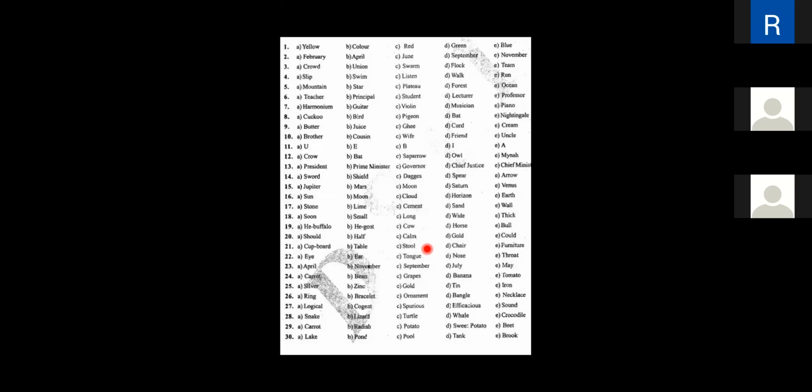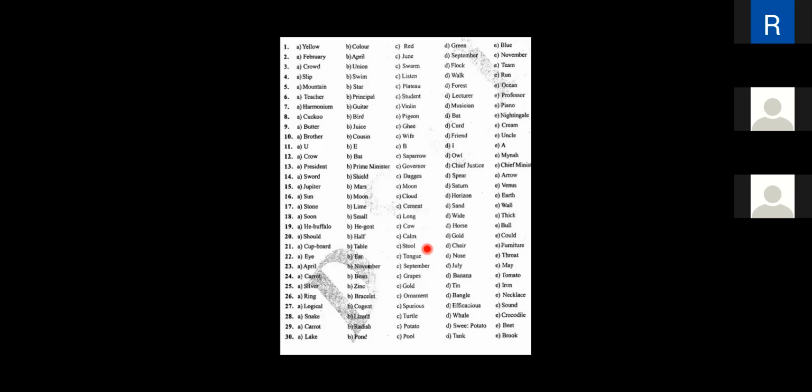Now, a very simple answer to the next question. Question number 11. A U E B I. So, there are 5 different vowels: A, I, E, O, U. Among these 5 different vowels, 4 you can see here.